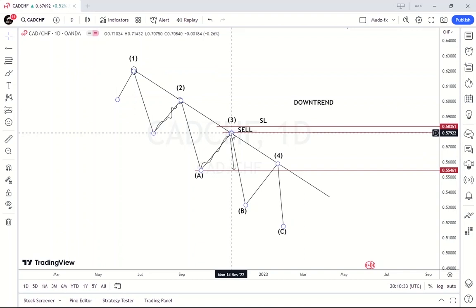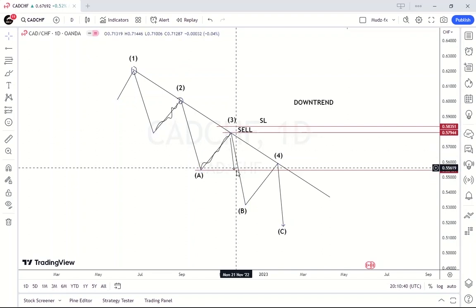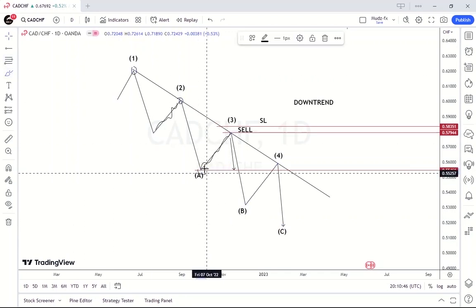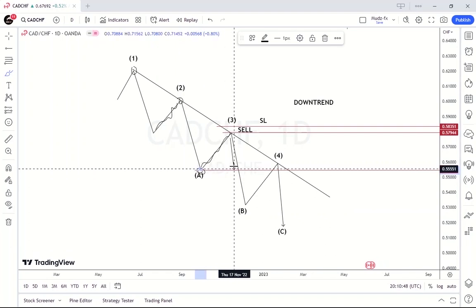So from this lower high going down, we sell from this lower high up to this support on this lower low.